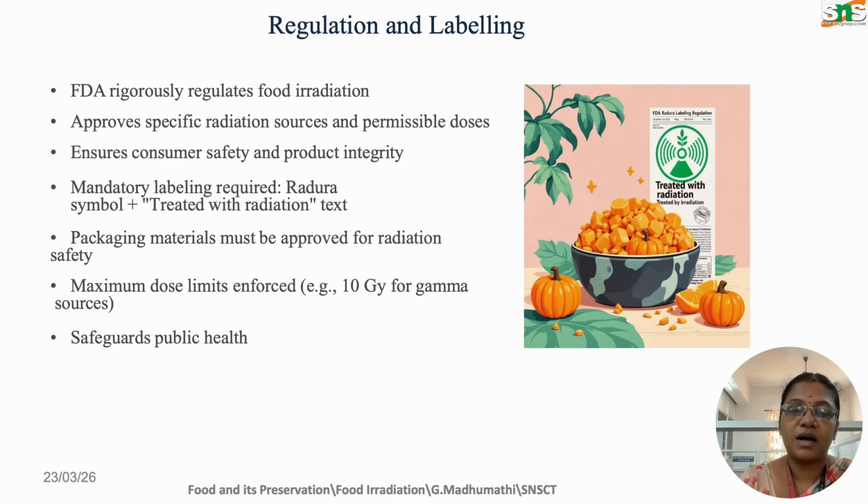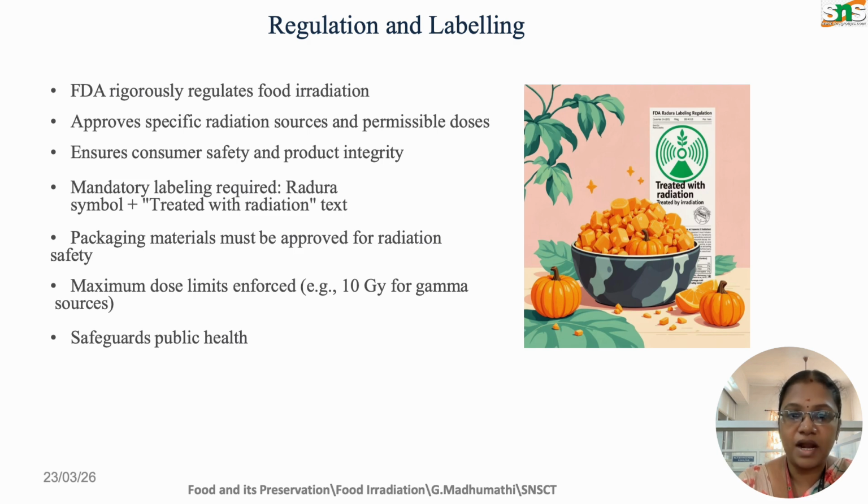Okay, next coming to the regulation and labeling, that is, how we approve that it is a non-thermal processed food. In that case, it undergoes the FDA process, the Food and Drug Administration. They regulate the food irradiation process. They approve specific radiation sources and permissible doses, and ensure consumer safety and product integrity.